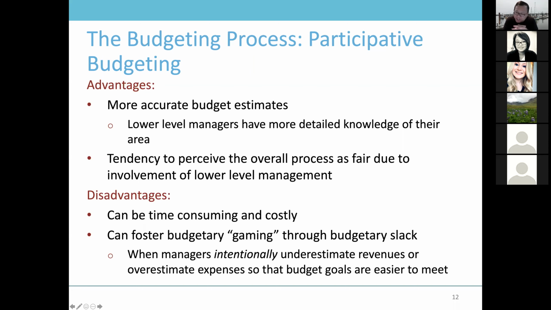So if I'm the manager, and I know that my performance evaluation is tied to that goal, what's my incentive? What should I do? I should try to make the goal as low as possible, so it's easier for me to achieve it, so I can get my bonus. So when you ask for their input, guess what?